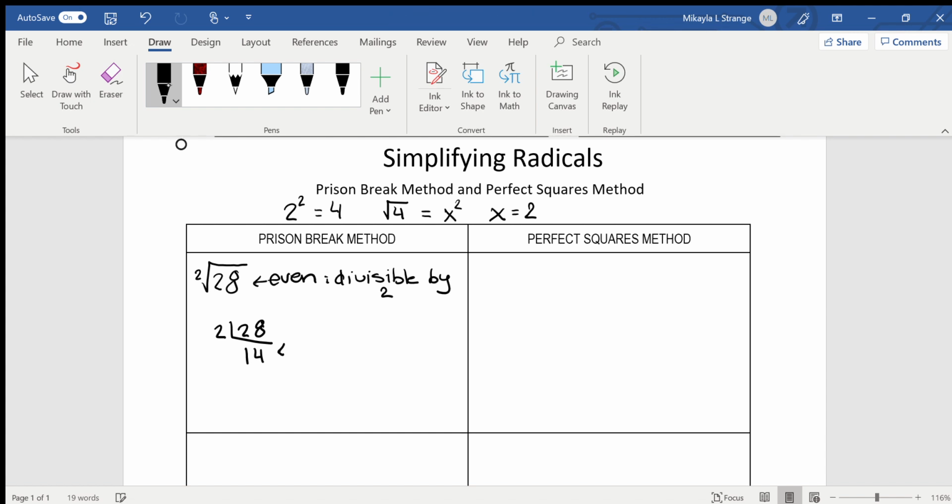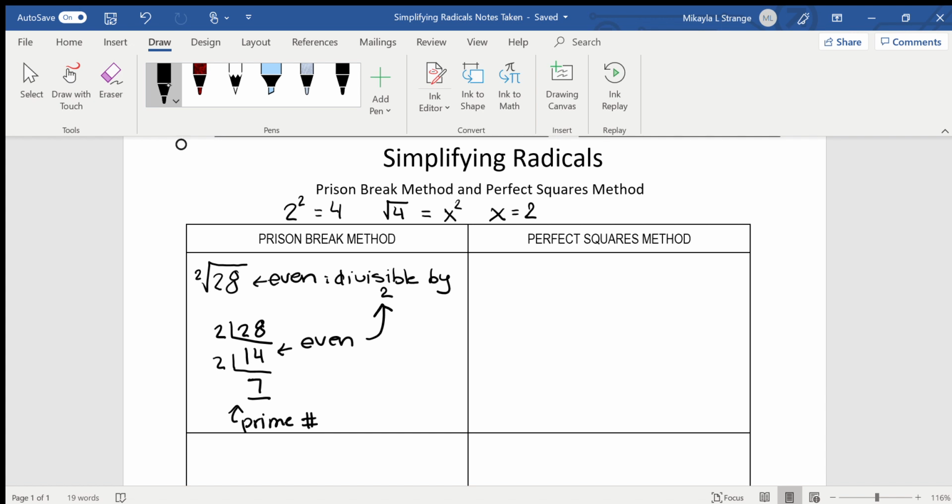Well, again, it's an even number, which means it is still divisible by 2. So again, I'm going to divide it by 2, and I'm left with 7. And 7 is a prime number. We've got to remember, a prime number means that it can only be multiplied by itself and 1. So that's as far as I can go.